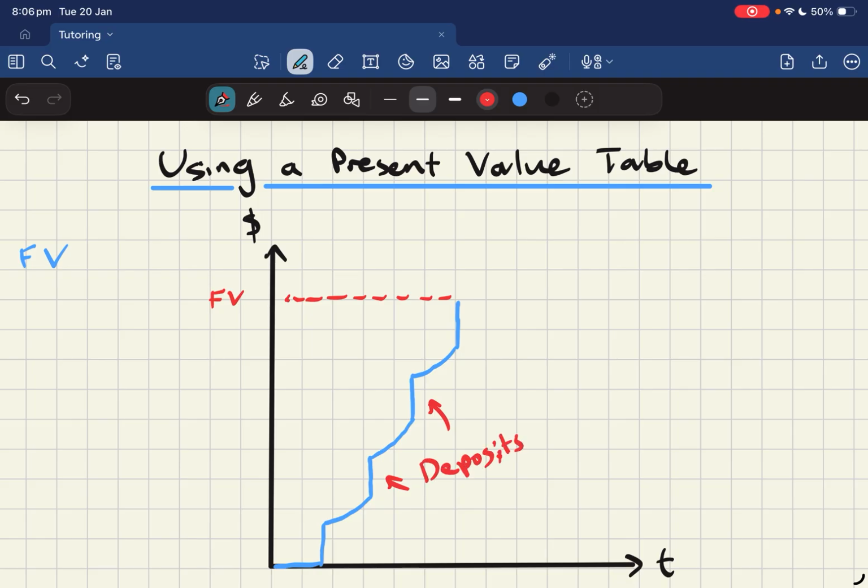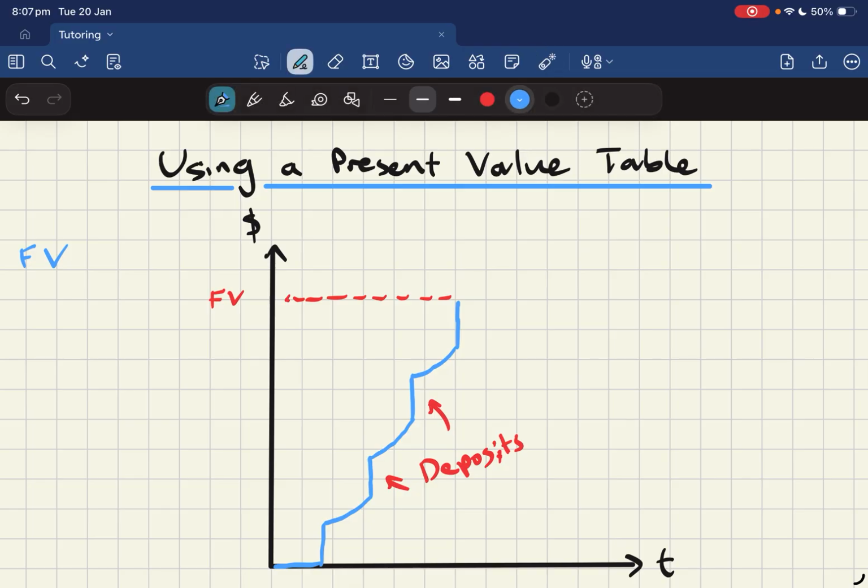Think back to the future value annuity questions. It's like someone deposits $1,000 at the end of every year, and then the thing just keeps accruing interest. Now, what present value actually says is, say we wanted to find some amount right now, a present value, that if we invested it, we would get to this amount in that same period of time.